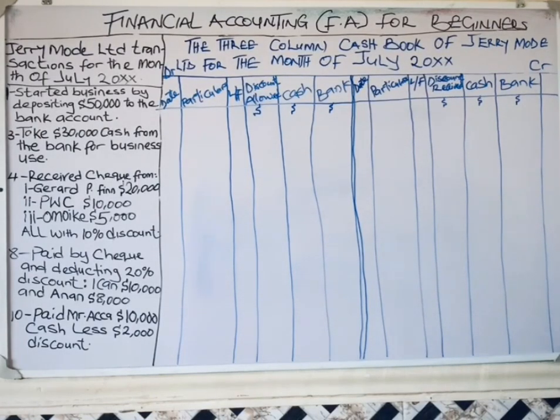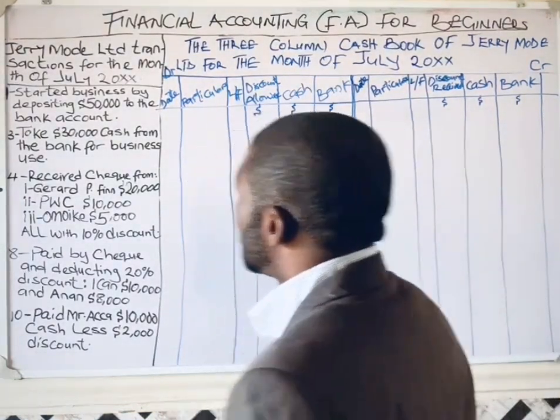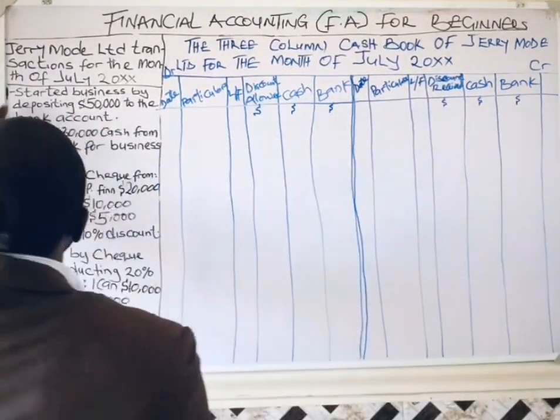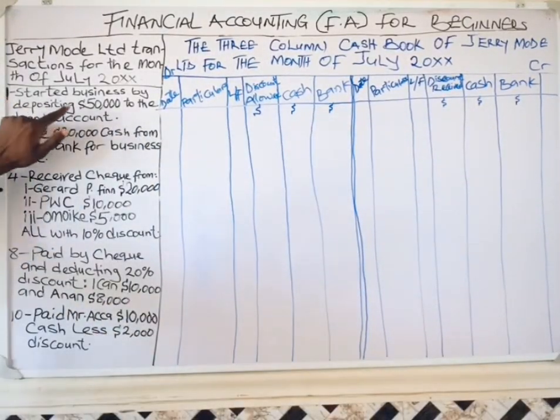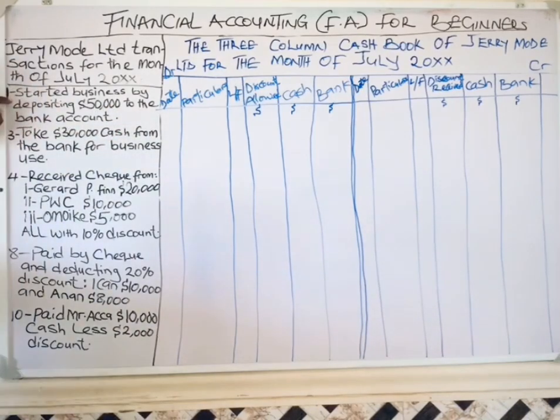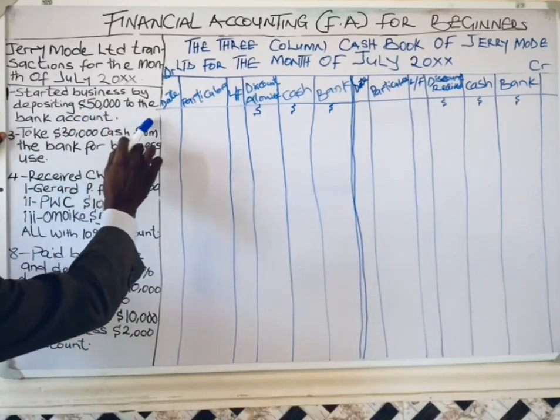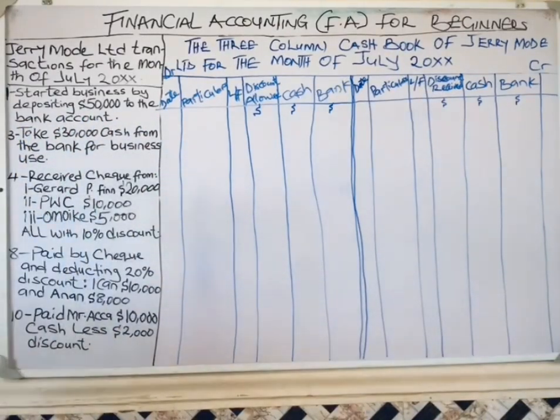So let's look at our transactions. We say this is 1st of July. Started business. This is a new business. We started business by depositing $50,000 to the bank account. The bank account is receiving.